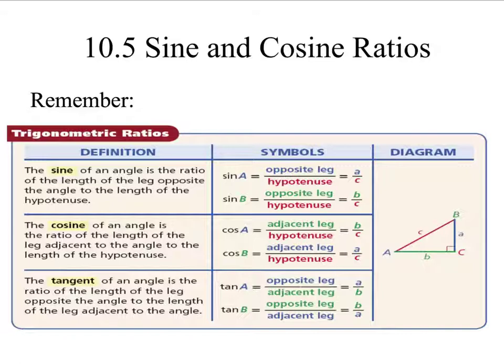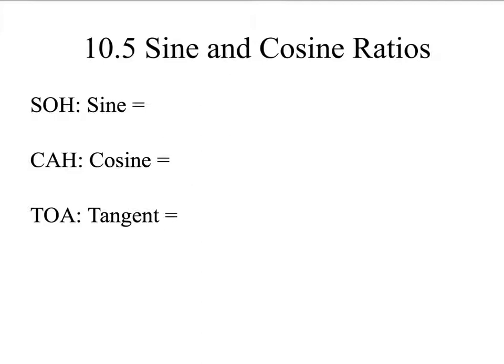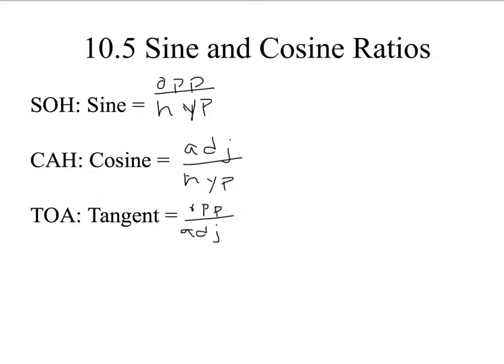If you remember SOHCAHTOA, which is on my next slide, sine means opposite over hypotenuse, cosine is adjacent over hypotenuse, and tangent is opposite over adjacent. And those all correlate to the specific angles that you're trying to find.